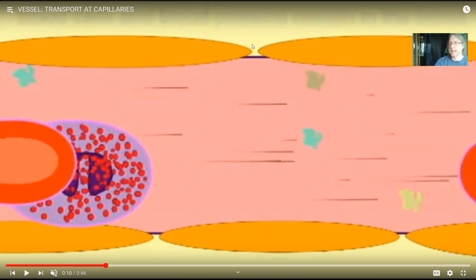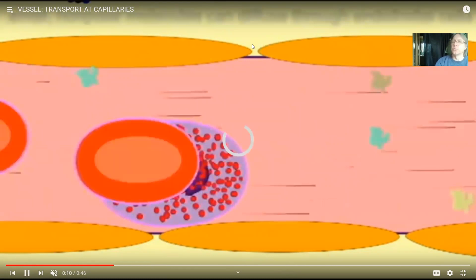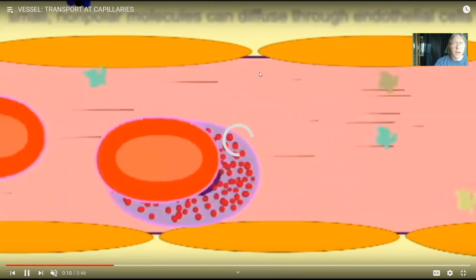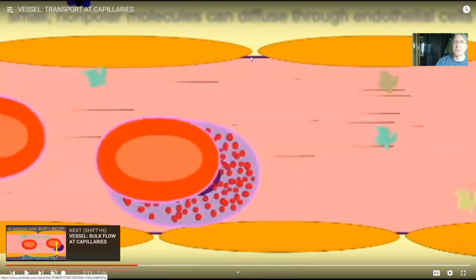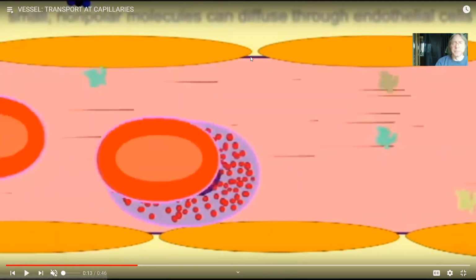But blood can't leave because blood cells are too big to fit through those spaces. And even these proteins are too big. And so blood does not leave capillaries. Blood cells and blood proteins are simply too big to fit through those spaces.